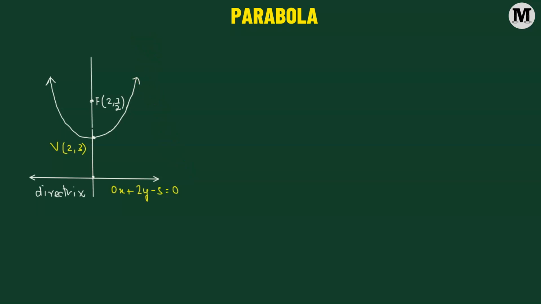What we'll do, we're going to consider a general point on the parabola. Let's say the point P prime. So P prime has the coordinates x, y. We use the same logic. So if we join point P and point F and drop a perpendicular from point P prime on the directrix line, meeting it at M prime, then by definition, we can say that P prime F must be equal to P prime M prime.